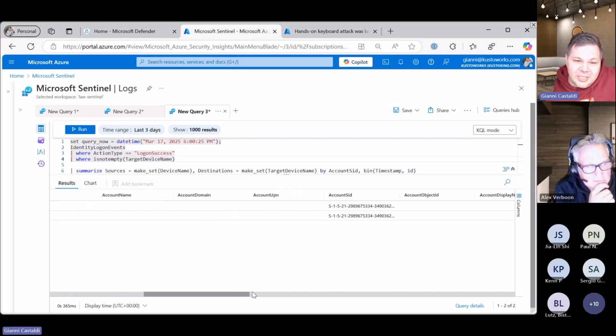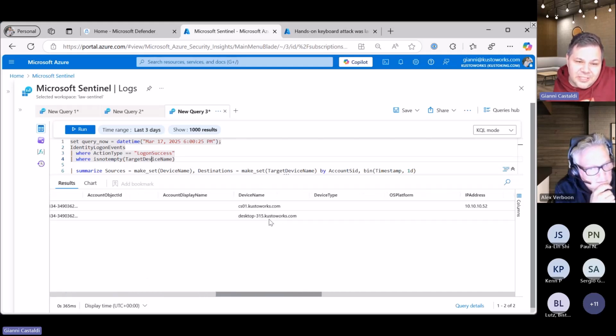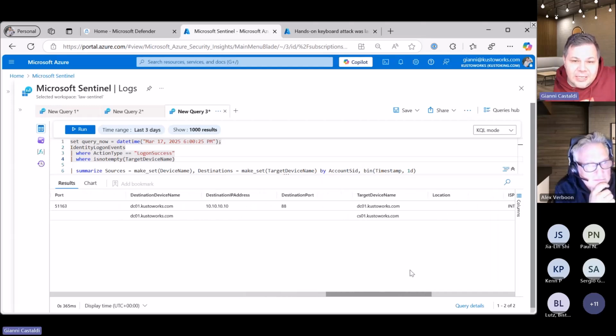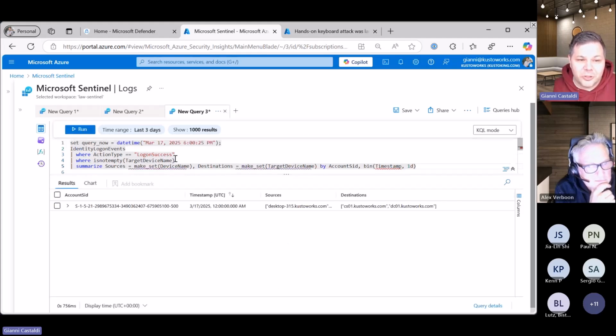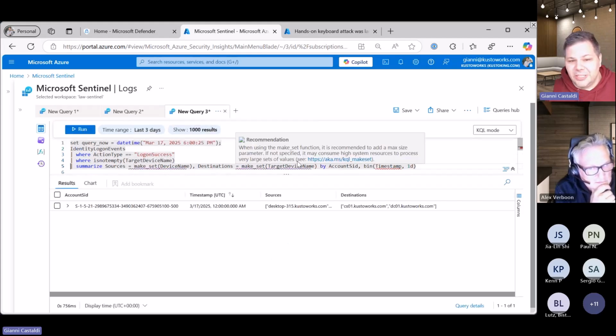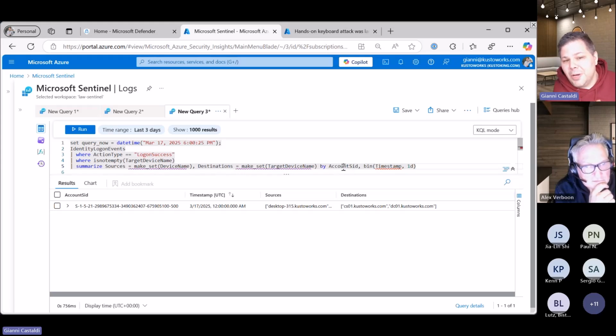Now we can see we have the one device, the desktop, then the other device, the CS01, and the destination device, which was the domain controller, the device being targeted. What I wanted to do was make two sets, one with all the sources and one with all the destinations, grouped by account SID, because you can have multiple users in your environment, and bin of one day, so you have some grouping together.